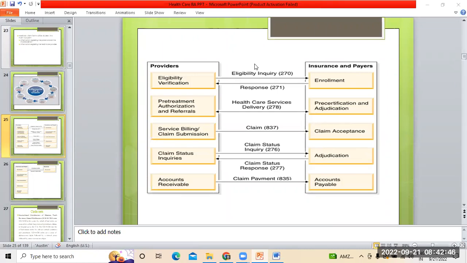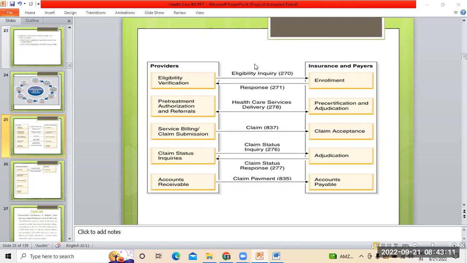Against the request or inquiry done by the provider, 276, whatever response is given under the claim status response falls under 277. So 276 for claim status inquiry, 277 for claim status response.